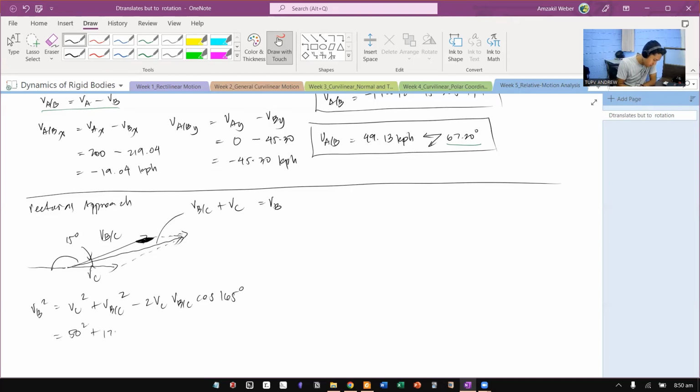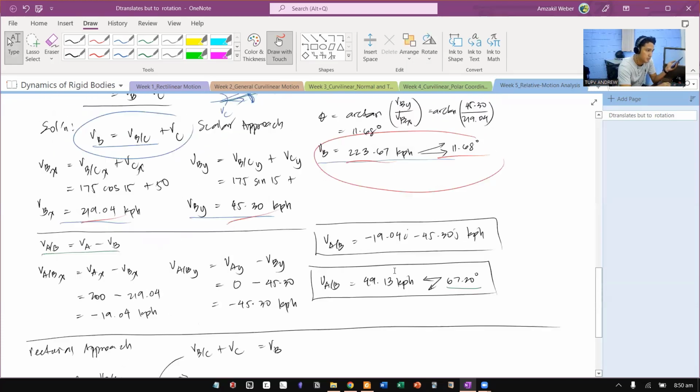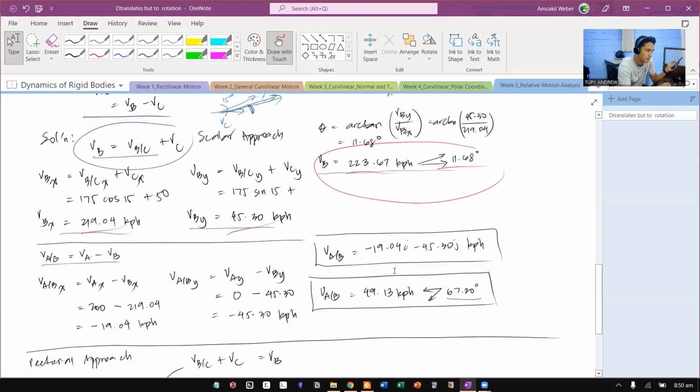So 50 squared plus 175 squared minus 2 times 50 times 175 times cosine 165 degrees, and take the square root of that. We get 444. Ooh, that's not the same as what we get here, 223.